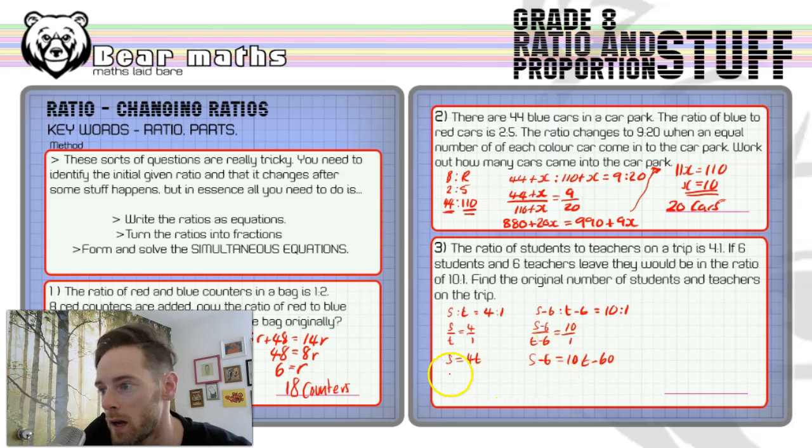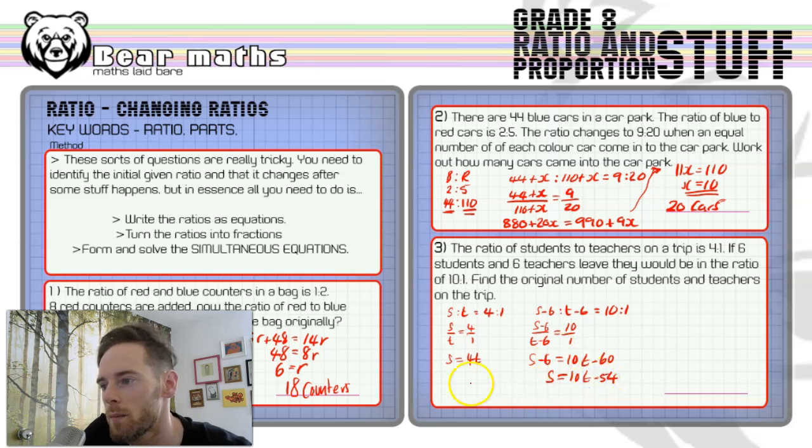Now we've got those equations, we could make this one equal to S. Just add 6. So S equals 10T, adding 6 to minus 60 is minus 54. Nearly made a mistake there.